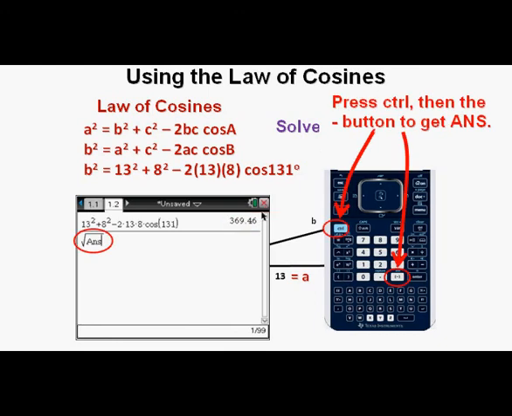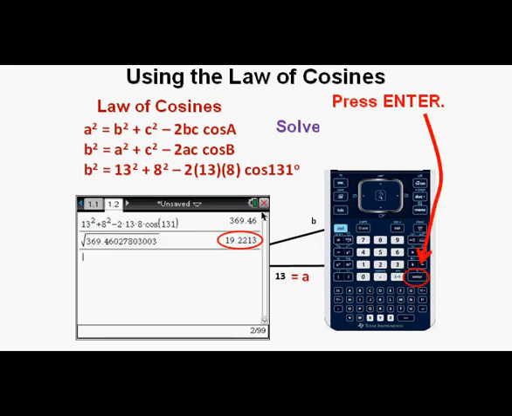But we have to be aware enough to know that it's not really side length B, but instead b squared, so we take the square root by placing the square root sign, then the answer key by pressing Control, then the negative sign key. This places the last answer calculated inside the square root bracket or inside the radical. Press Enter. We see a couple things here.